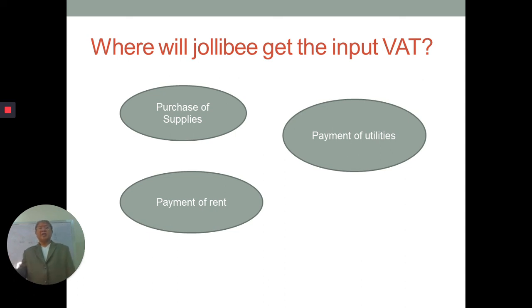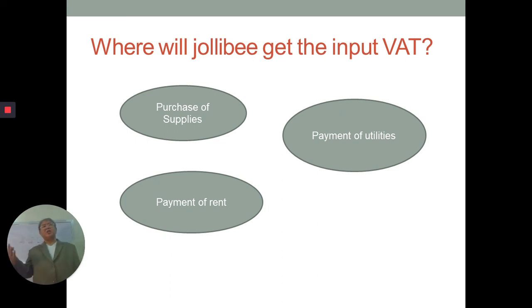No, if there is an input VAT, because input VAT will be deducted from the output VAT to determine the liability of the company insofar as VAT is concerned. So where do they get their input VAT from? They could get it from the purchase of supplies, payment of utilities, rent, whatever payments or purchases they made, they can get input VAT from there.